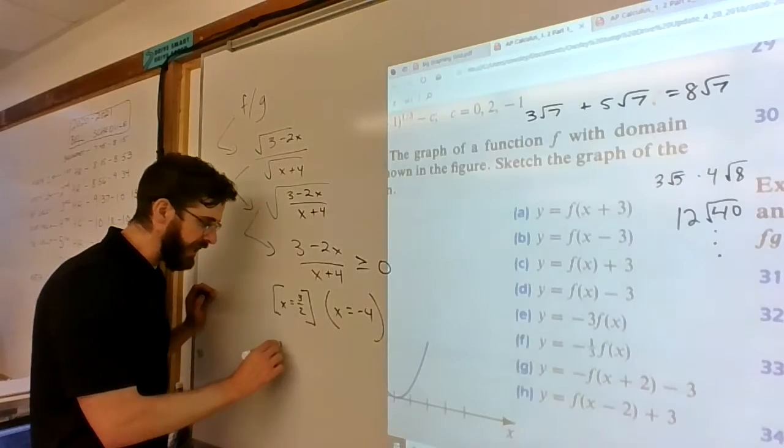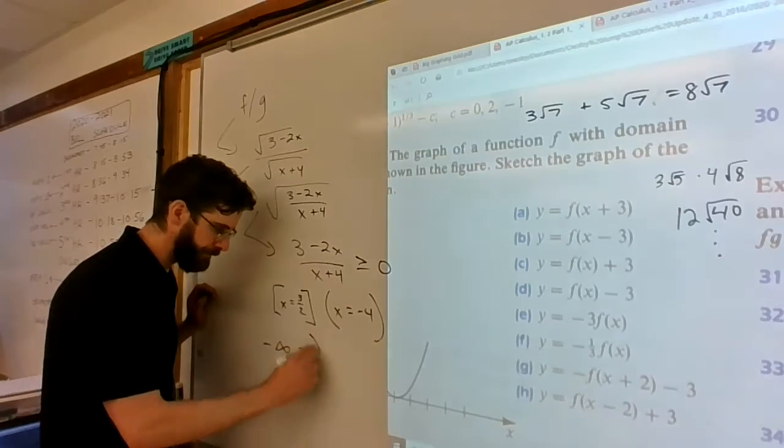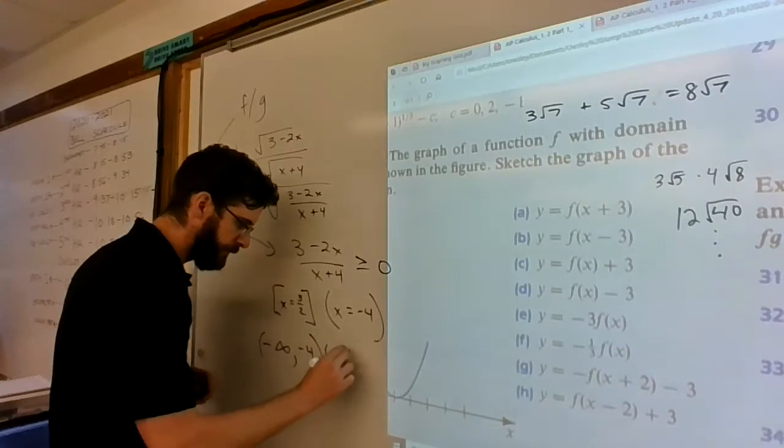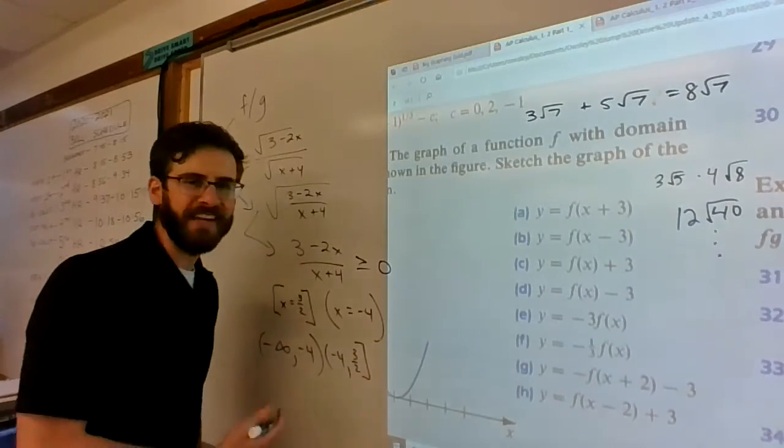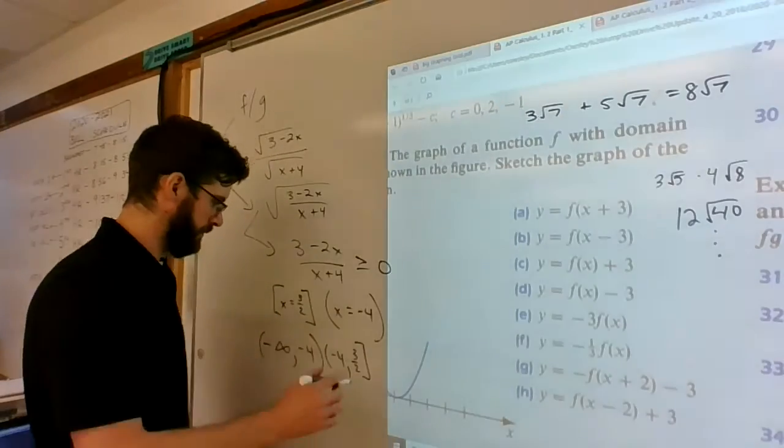And then you set up your intervals. So almost identical intervals to what we had before.